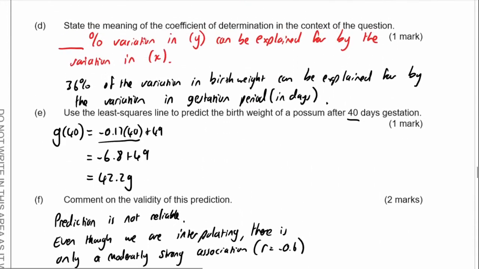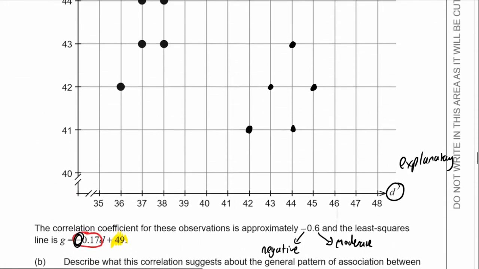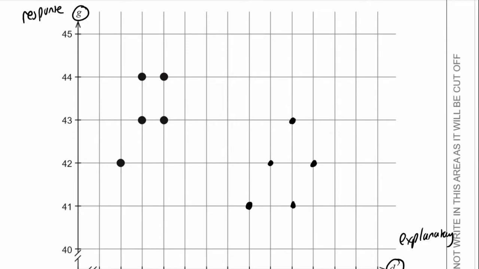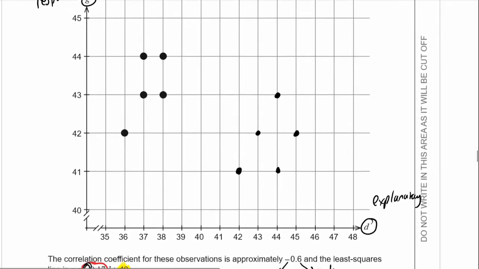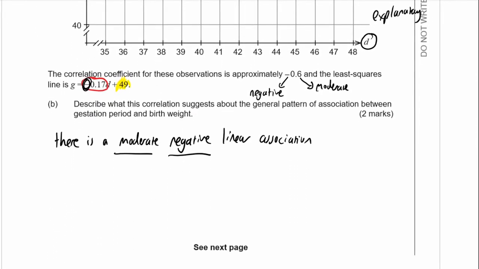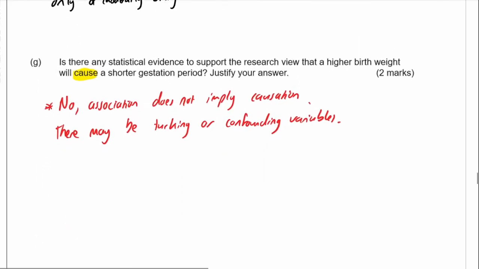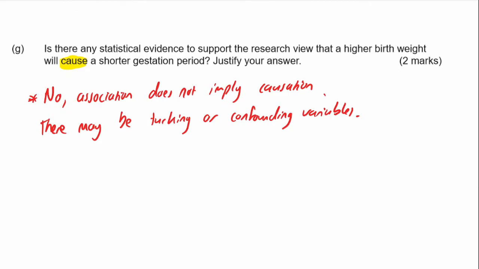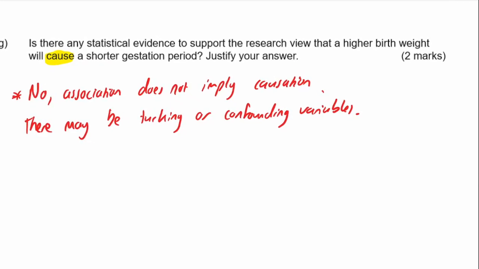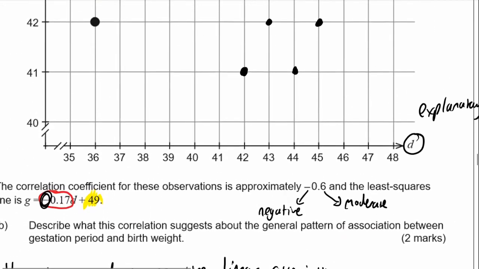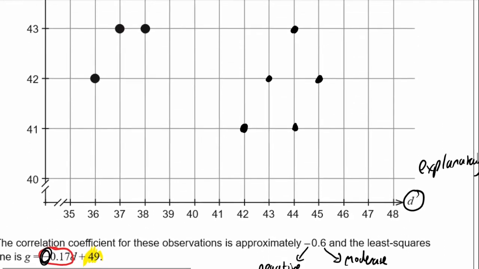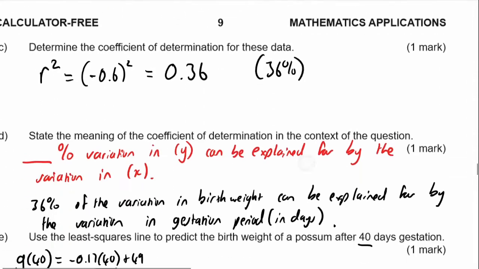Because remember that when we find these associations, it's not a direct relationship. There's some association, so we've identified that there's a negative association, but we can't say that higher birth weight causes a longer gestation period or a shorter gestation period. Which is weird, the way they've written it anyway.